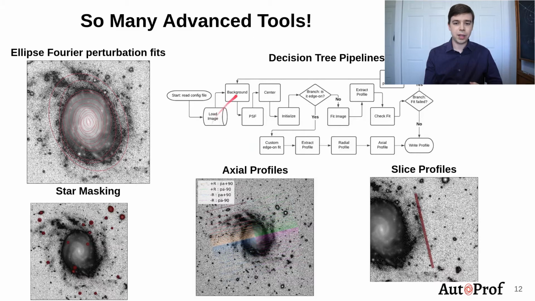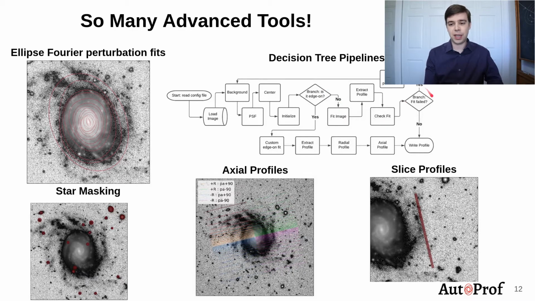So AutoProf is actually, at its core, more a pipeline algorithm than a photometry algorithm. You can actually add in whatever other code you want, rearrange the various components of AutoProf, and even have decisions along the way. For example, you can decide if a galaxy is an edge-on galaxy and run different analysis depending on whether or not it's edge-on.